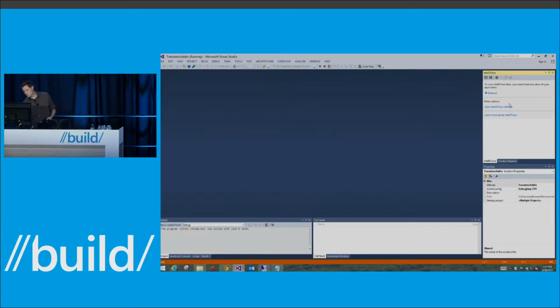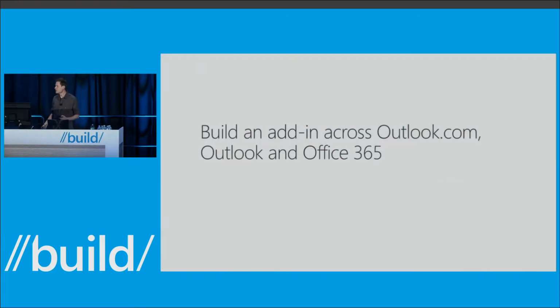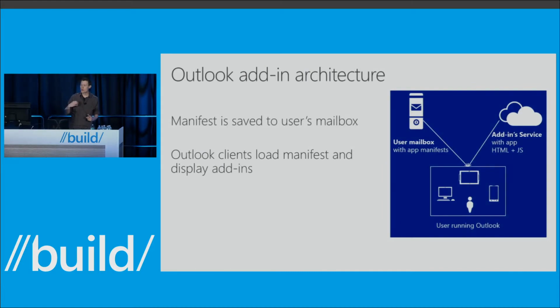Great. So now that we saw a demo of it, let's talk a little more about what's going on behind the scenes, especially if you're not familiar with the platform itself. So in terms of the architecture for Outlook add-ins, the way that it really works is, again, there's this concept of a manifest and HTML and JavaScript code.